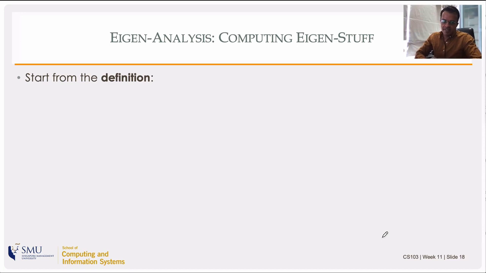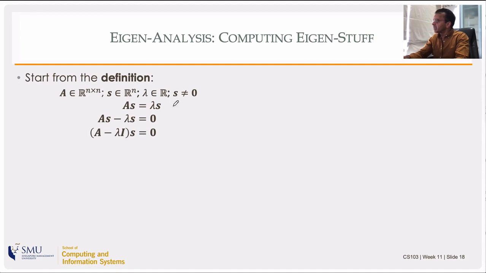So we'll start from the definition. We take a matrix A and say that s is an eigenvector with eigenvalue lambda, and s is not equal to 0. We will write A s is equal to lambda s, and try to take lambda s to the left hand side, because we want to pull out the eigenvector s. What do you get?